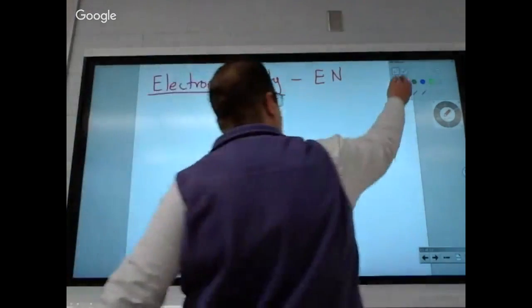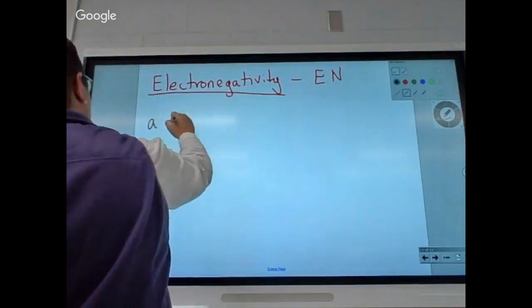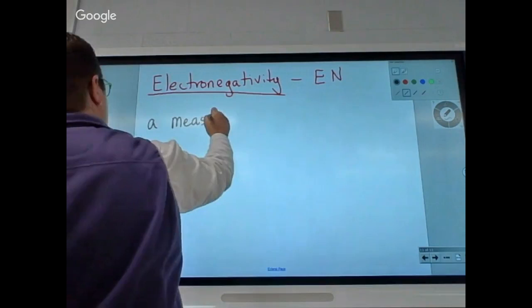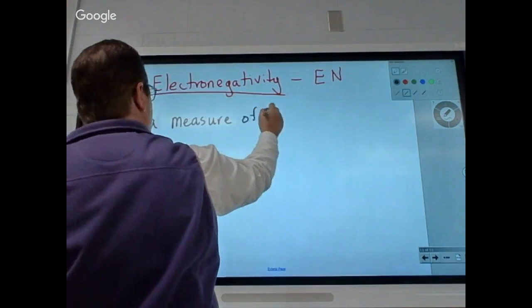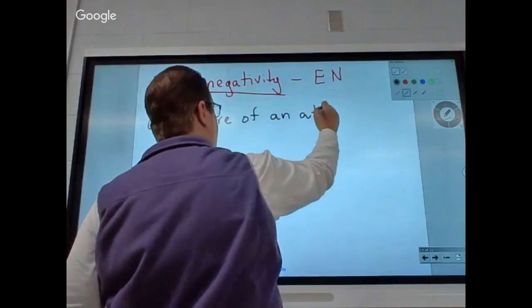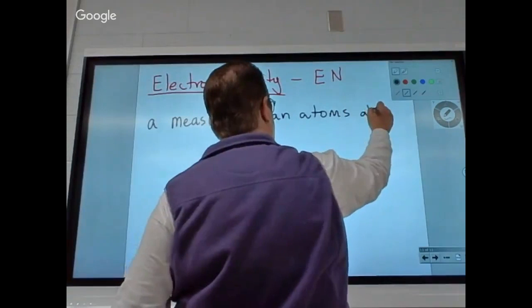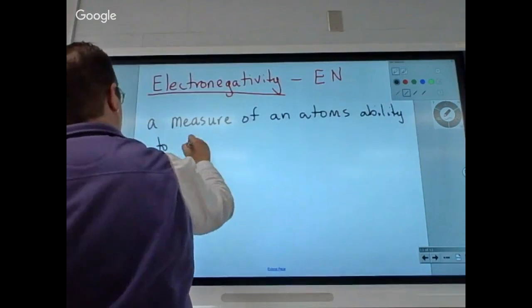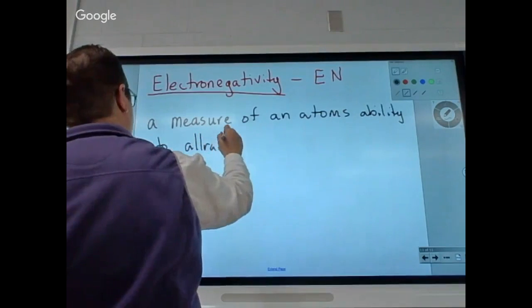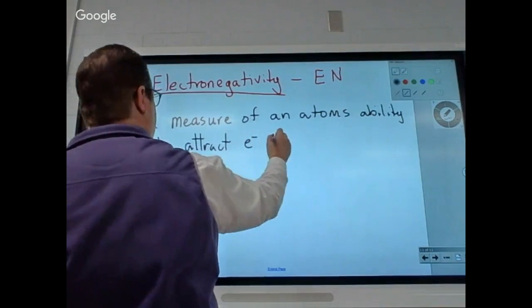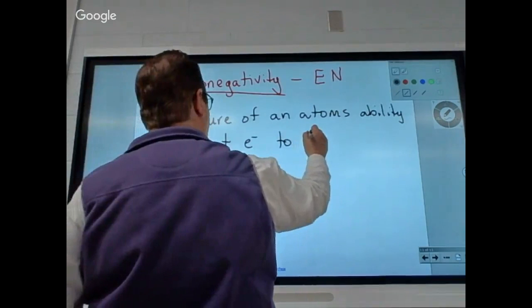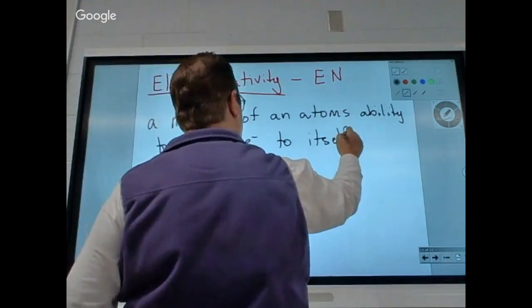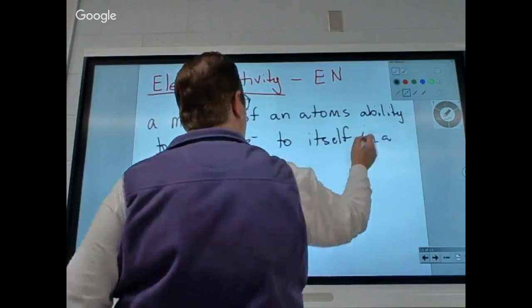Now, it is a measure of an atom's ability to attract electrons to itself in a bond.